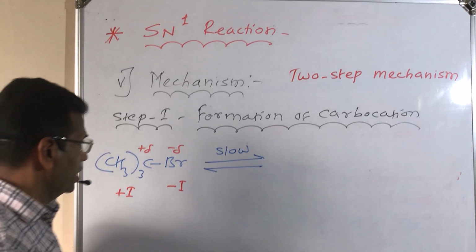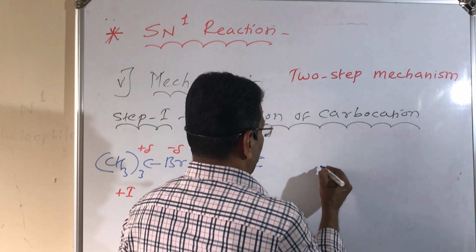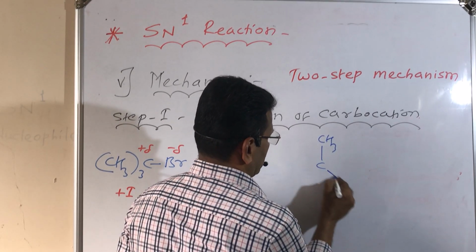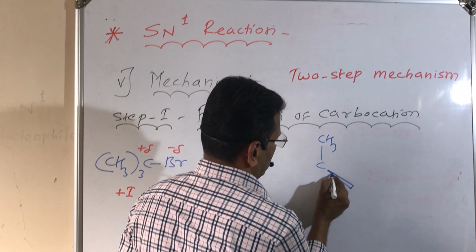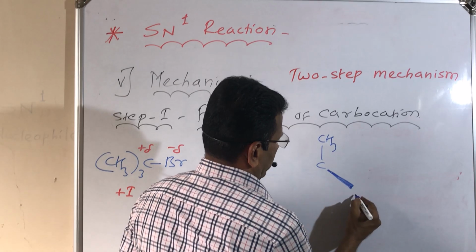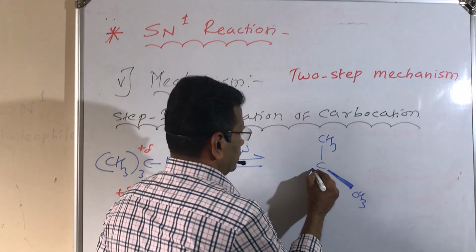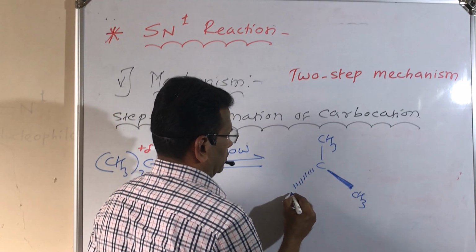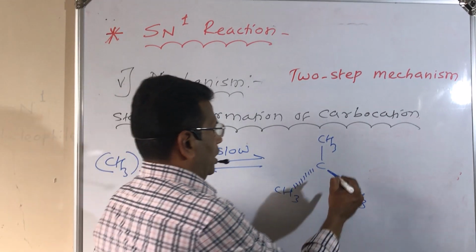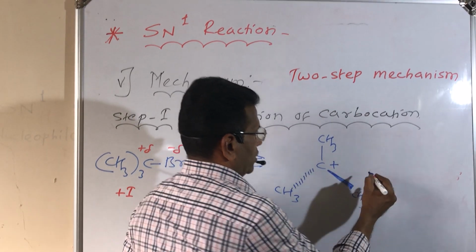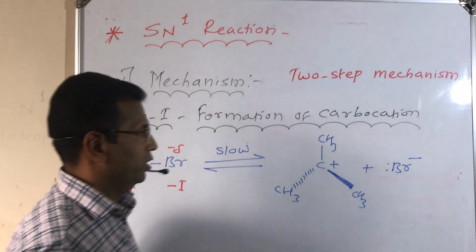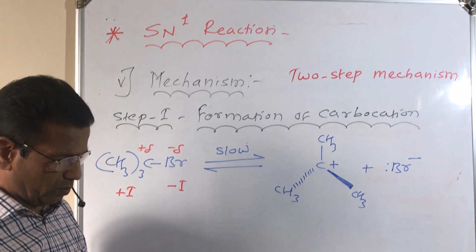The product obtained here is T-butyl carbocation. This T-butyl carbocation has a planar trigonal structure, but it is shown like this. It is electron deficient, where Br takes the pair of electrons, so it is given out in the reaction. The actual structure is planar trigonal.